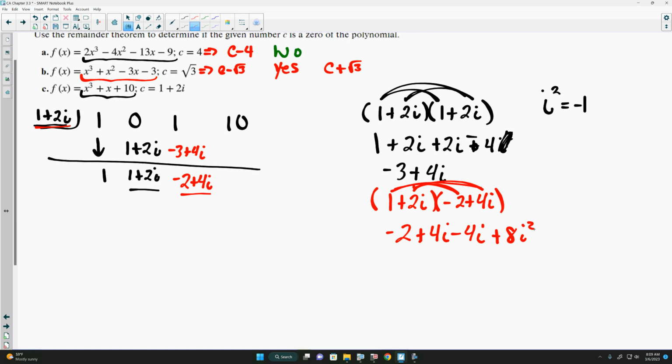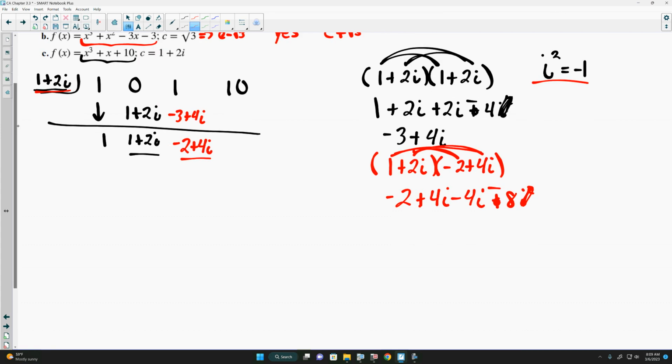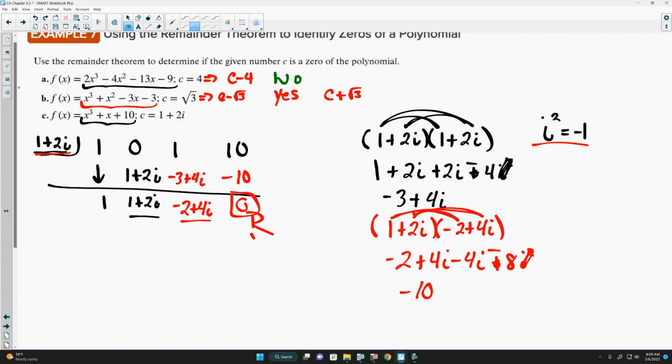But we know i squared is still negative 1, so it's really just changing it from positive 8 to negative 8. Combine like terms. Negative 2 minus 8 is negative 10. And 4i minus 4i is 0. And 10 minus 10 is 0. So can we say 1 plus 2i is a 0 for this here? Yes.